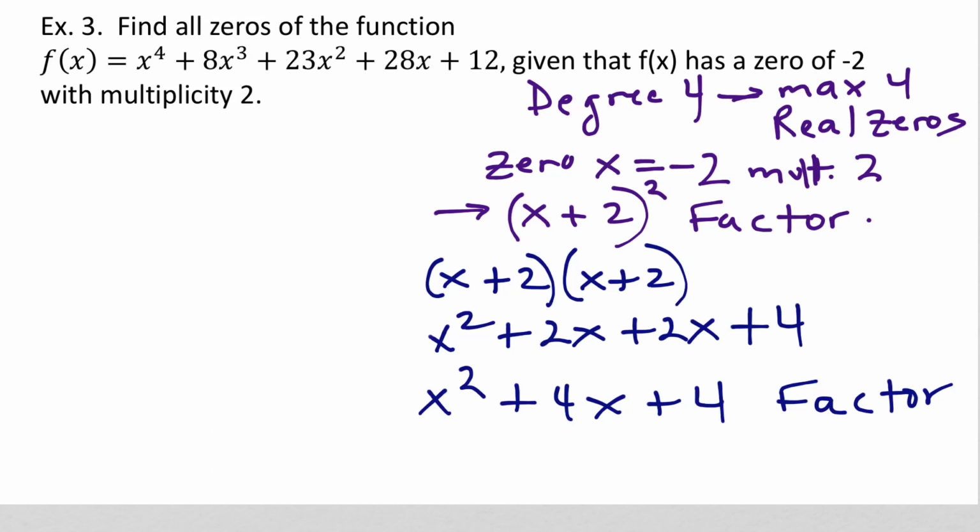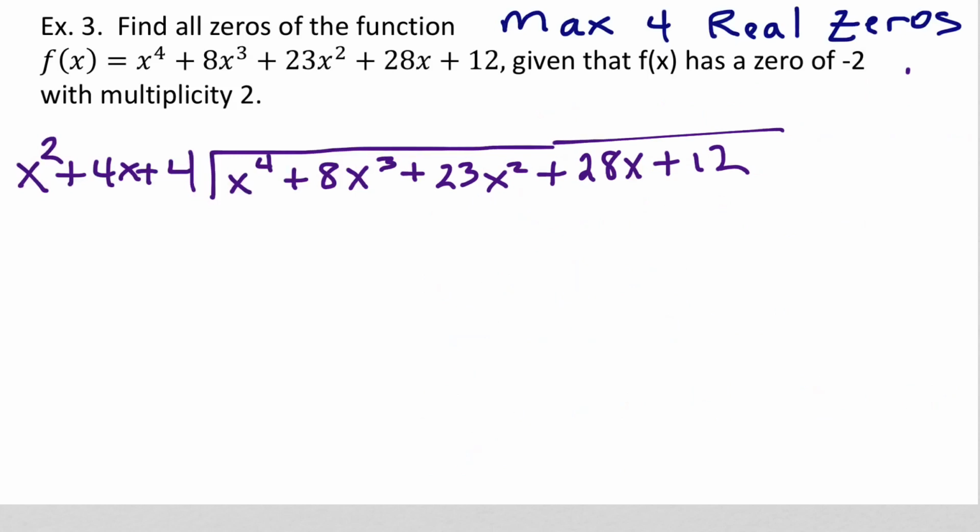Now what we've learned already: if this is a factor of this polynomial, and I divide the polynomial by this factor, I should get a remainder equal to 0, because it divides evenly into this function. So I can set that up. I made some room and set it up.